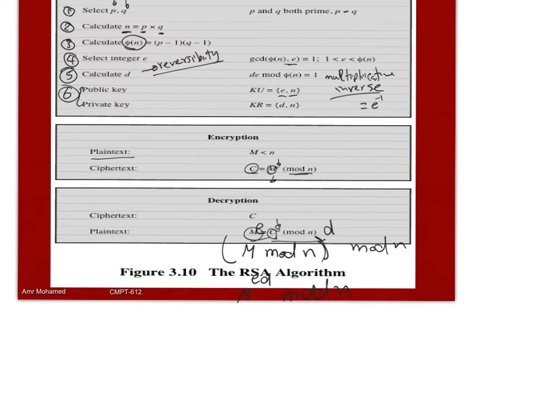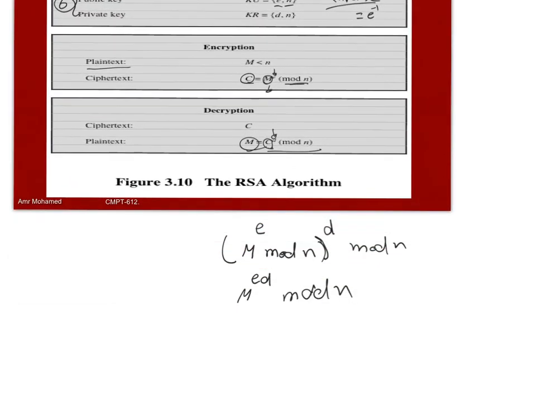Remember how we selected d: we selected d such that de mod the totient of n equals 1. What that means is ed can be represented as a linear combination of the totient of n, with a remainder of 1.